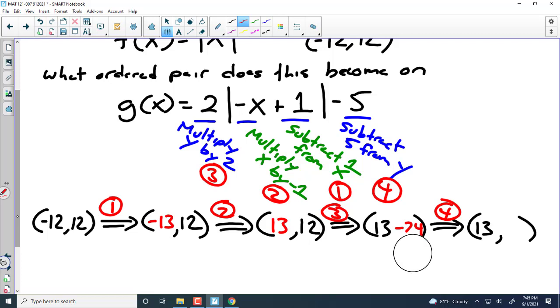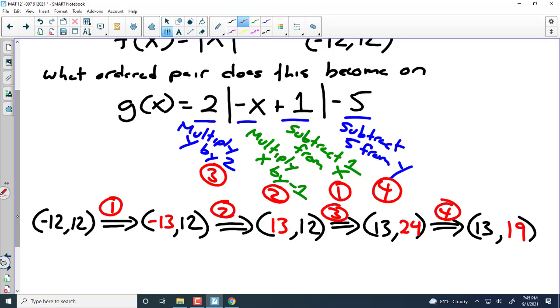You should end up with 13, 19. Now, you could do that with as many ordered pairs as you want and draw the graph. This is the exact same process we did before, except we're not drawing the graph.